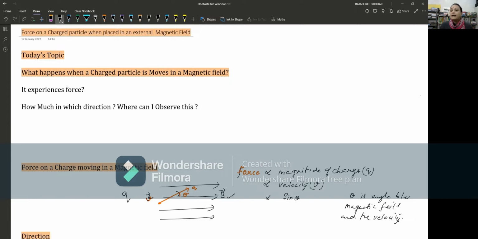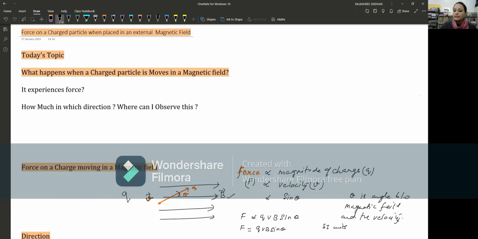So if I combine all this, the force F is proportional to Q, V, B multiplied by sine theta. If I take SI units, or maybe CGS also, it is valid: F is equal to Q V B sine theta.